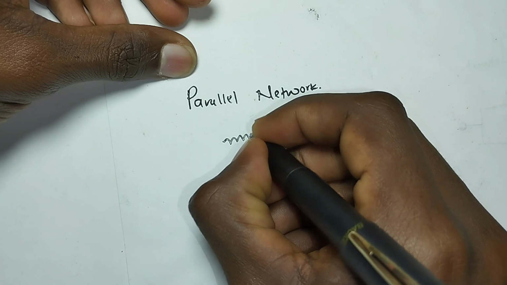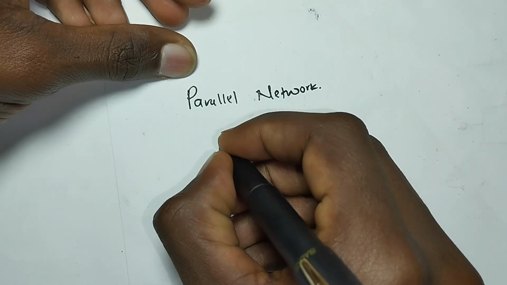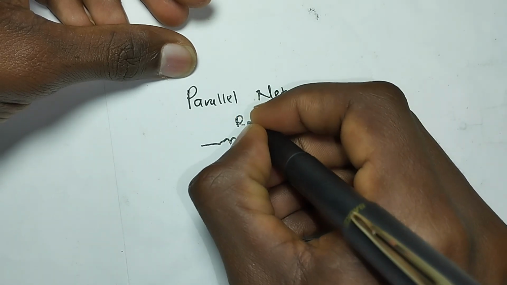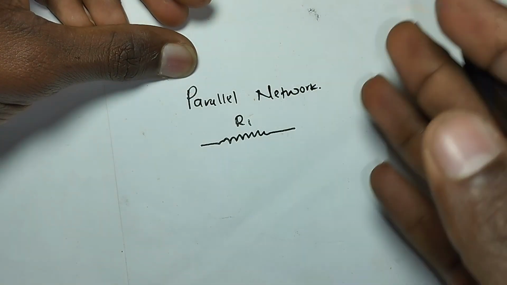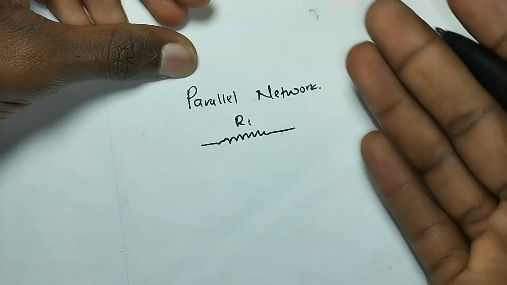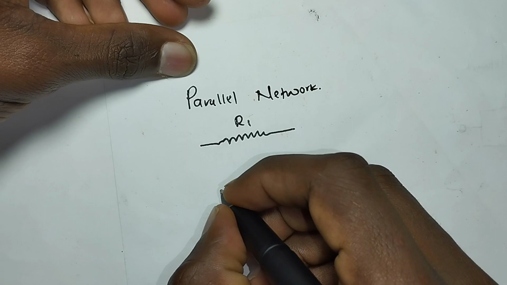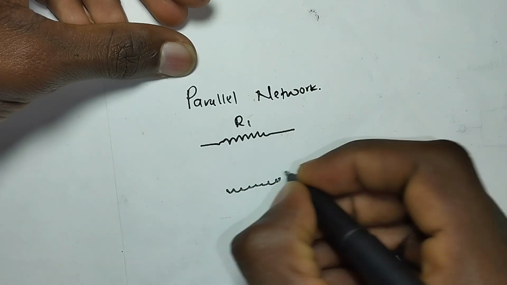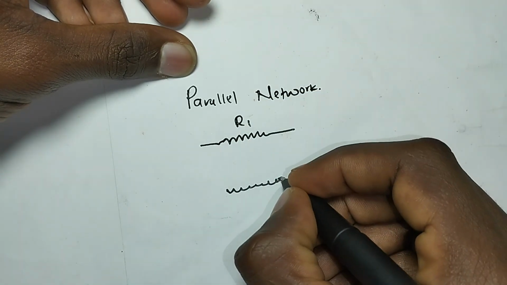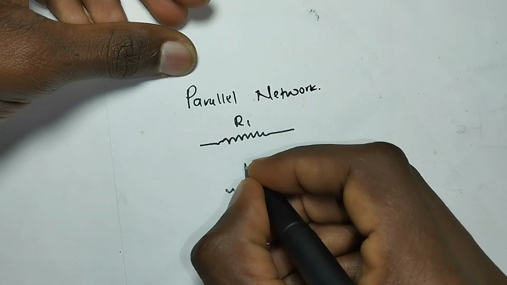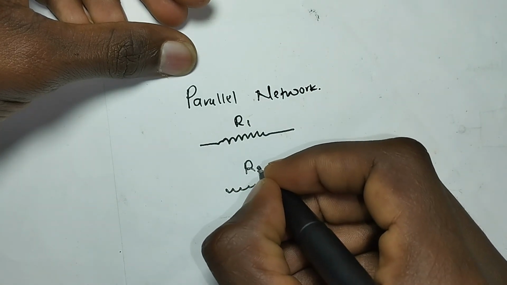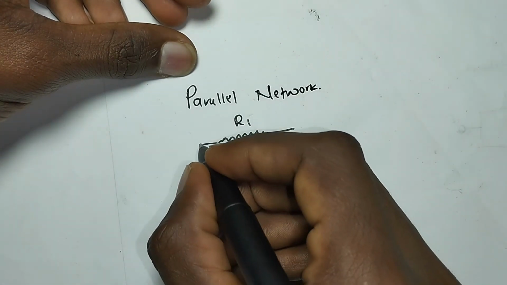So you have this resistor here, you can call it R1, R denoting the resistor or the resistance, whatever you want it to mean. In my case, R means resistor. So we have R1, then R2 there.